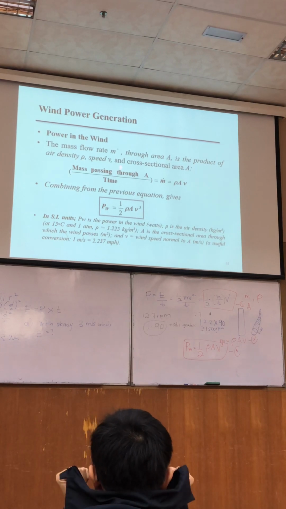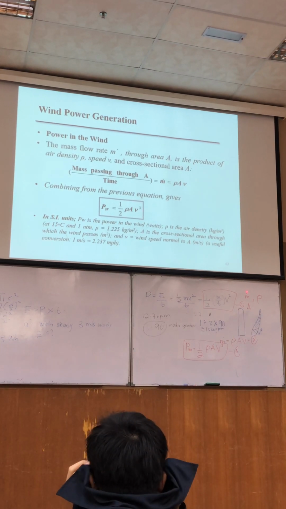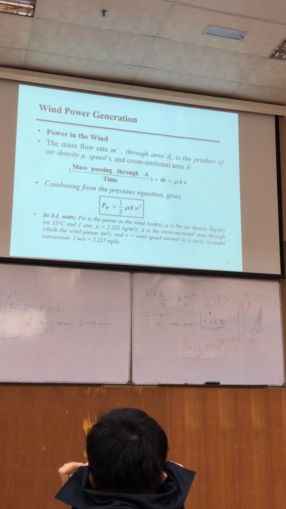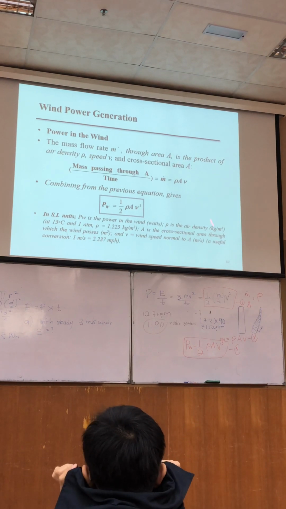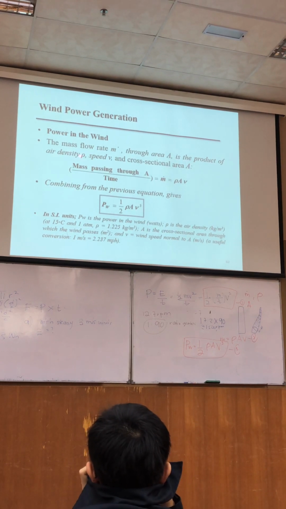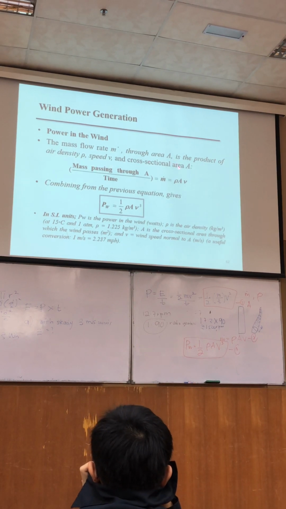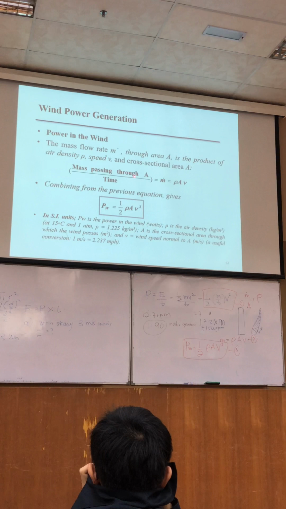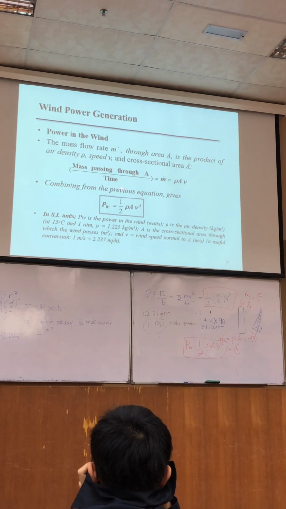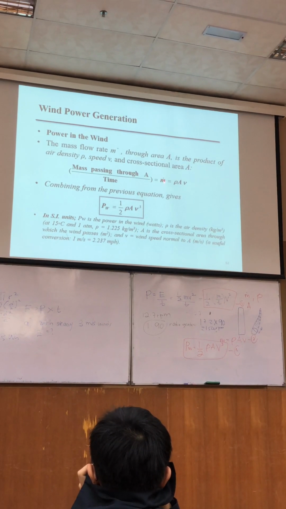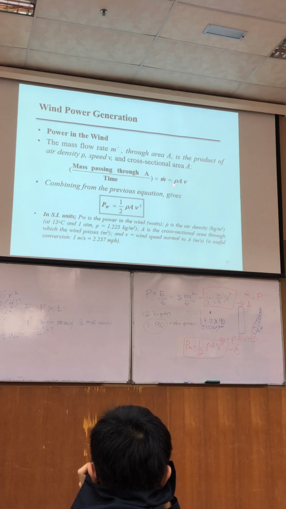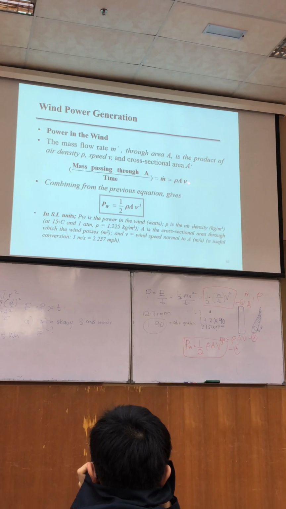The mass flow rate, which is m dot. The mass flow rate through area A is the product of the air density rho, speed v and cross-sectional area A. So the mass passing through the area divided by the time is m dot, equal to rho, the density of the air, multiplied by the area, and then multiplied by the velocity.